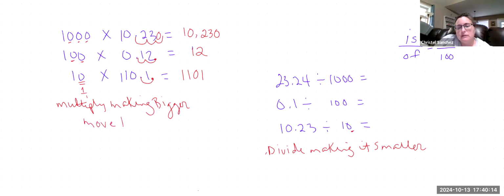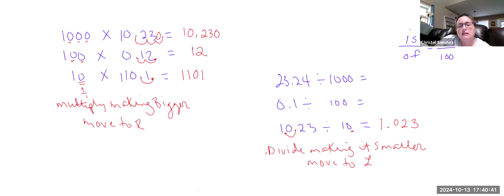This one we're going to move to the left because we're making the number smaller. So if I have 1 zero, I'm going to move it one place to the left. And then I have 1.023. And remember, we started with 10.23. So is 1.023 smaller than 10?